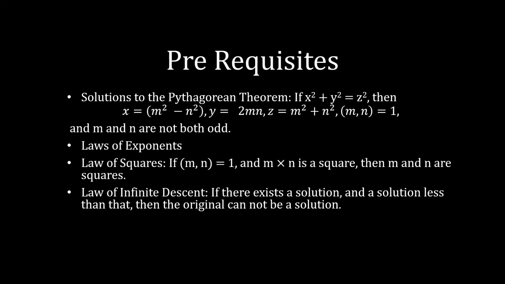Another prerequisite is the law of exponents and the law of squares, which states that if the GCD of m, n is equal to 1 and m times n is a square, then both m and n are perfect squares. Another prerequisite is the law of infinite descent. If there exists a solution to an equation and there is a solution which is smaller than that, then the original cannot be a solution.